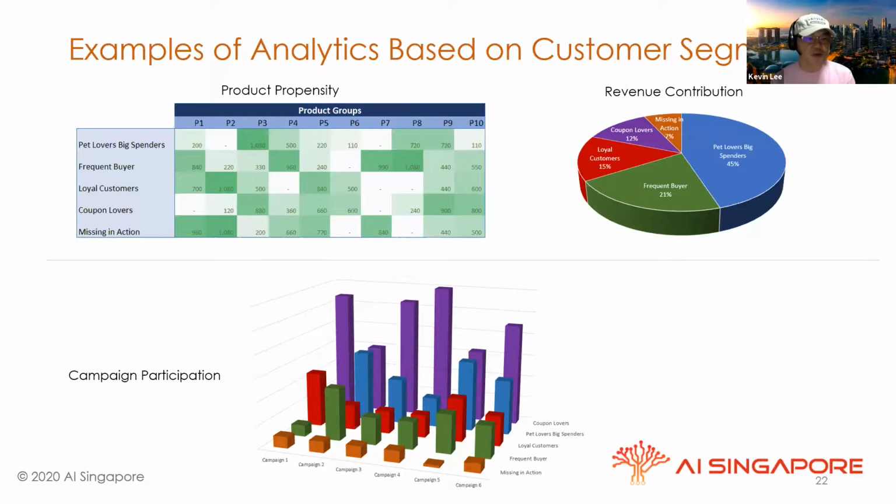You can also do campaign analysis. Like down here, you will see that different types of customer segments will react differently to different types of campaigns. So these are just some examples of what you will be able to do with segment information, much more interesting analytics based on your existing data.